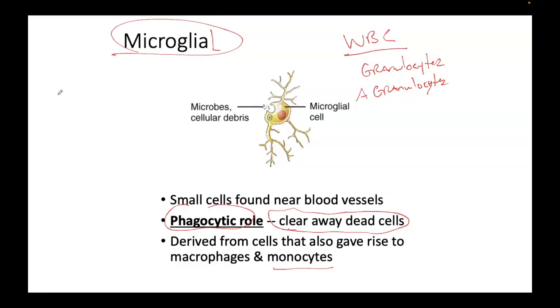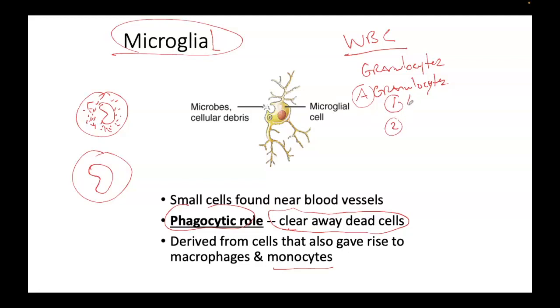All that means is that when we look at a cell that has a nucleus, if we see in the cytoplasm these little grains of sand throughout them, they're called granulocytes. And if we see a cell with just the nucleus and the cytoplasm is nice and smooth, they're called agranulocytes, A meaning without.